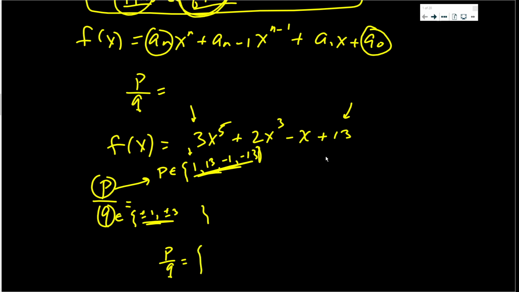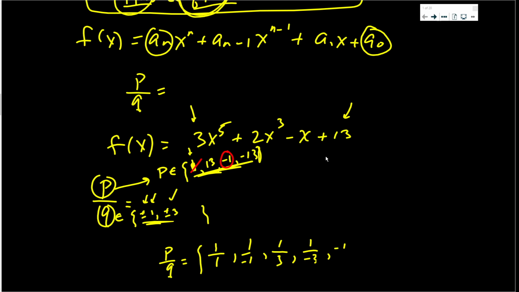Let's use 1 first. I can use 1 over 1. I can use 1 over negative 1. I can use 1 over 3. I can use 1 over negative 3. Well, I'm done with 1. Let's do negative 1 next.